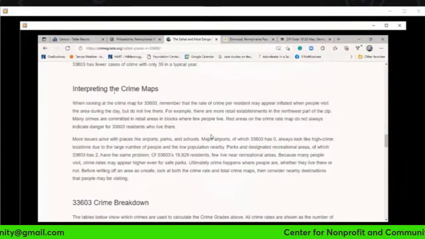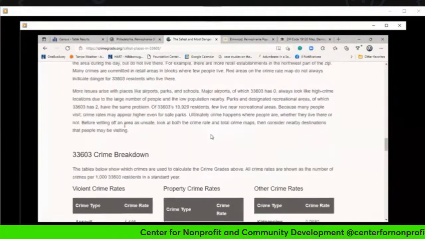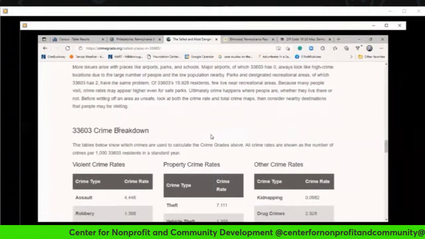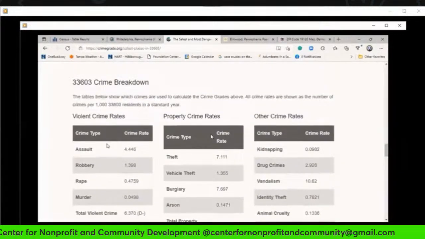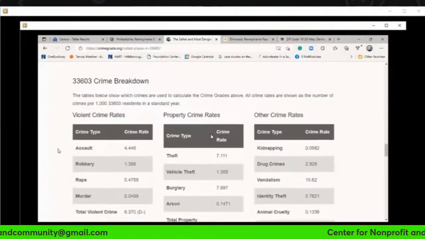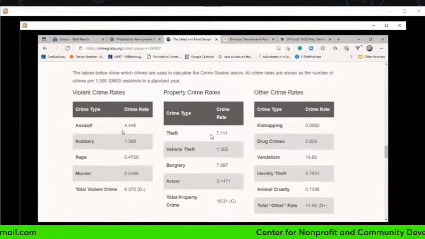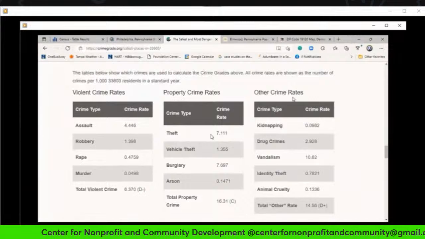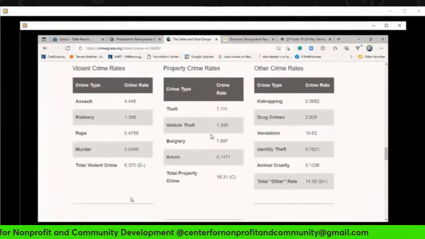So this is important because this map also allows you to interpret the crime maps. That's going to be important. And then we'll get to this section on the breakdown of crime in the neighborhood. See, you can get violent crime, property crime rates, and other crime rates, and it gives a breakdown.